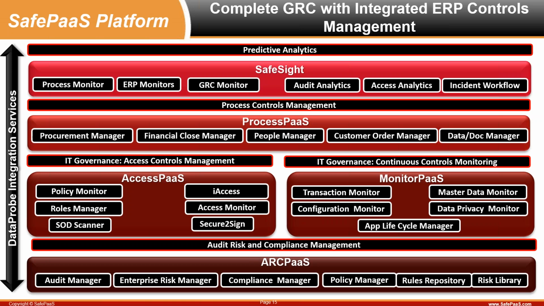So SafePaaS is obviously the platform that you have for controlling risk in your enterprise, and it has many components. So everything from documenting these objectives around FX risk or any really enterprise risk that you face in the organization, and that's at the bottom layer that you can see, what we call the ArcPaaS. It's basically the audit, risk, and compliance platform as a service.